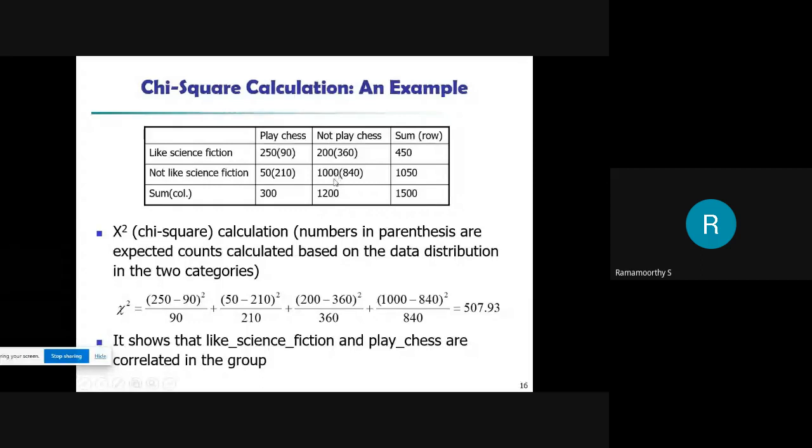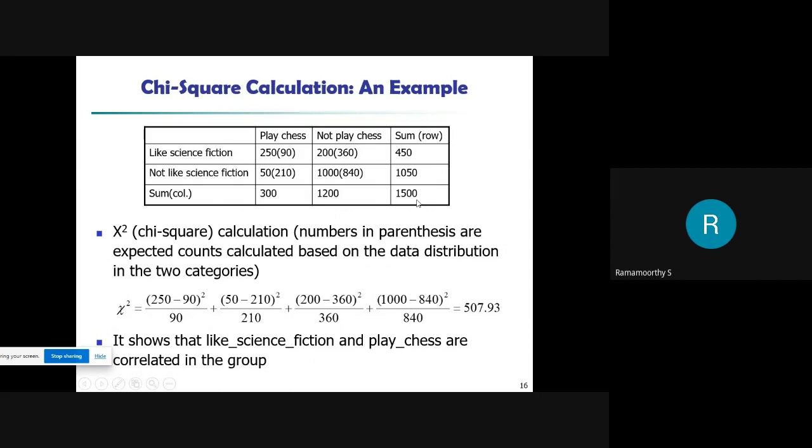The number has increased, so you can conclude that people who do not like science fiction will not play chess. The sum of the people who play chess is 300, those who do not play chess is 1200, and finally the total is 1500.